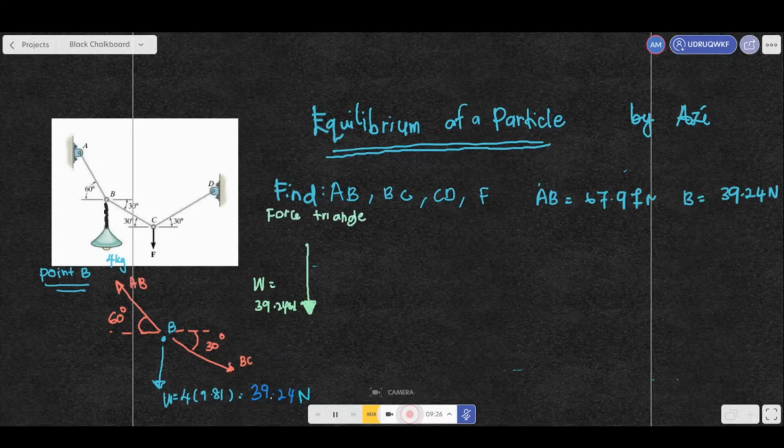So we connect BC, and we know that this is 30 degrees. And then we connect with A.